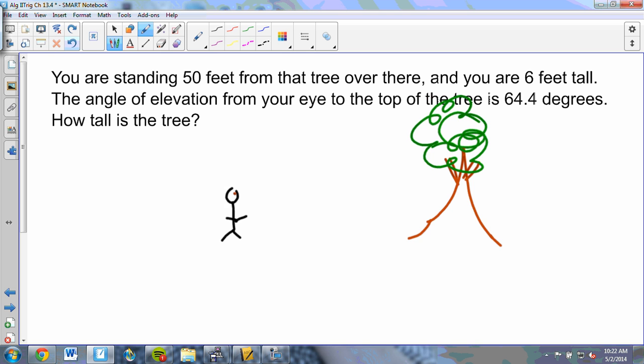From your eye to the top of the tree, you're trying to find the height. You know the angle from here to here was 64.4 degrees.